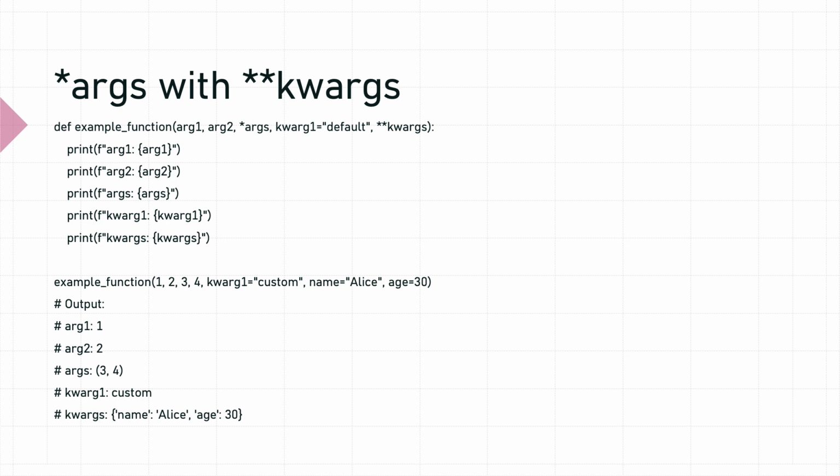Then the rest of the keyword arguments, like name equals Alice and age equals 30, will be used by the **kwargs parameter. So as you can see, using *args and **kwargs can make your functions more flexible and versatile, allowing you to handle a wide range of input arguments.